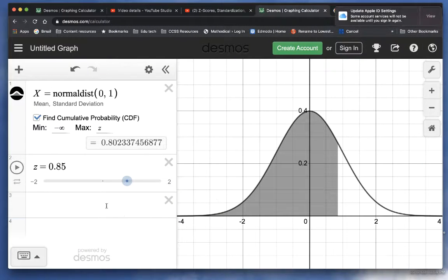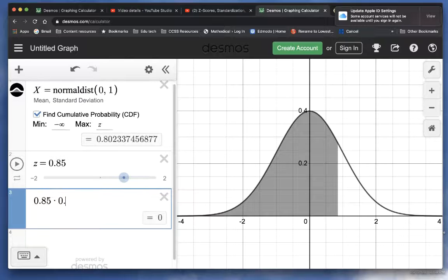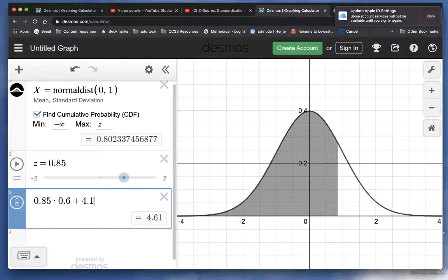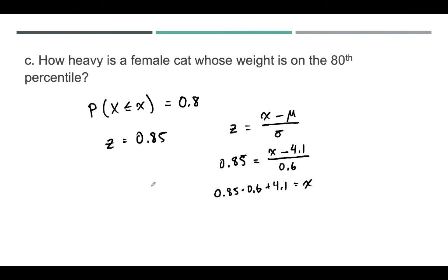One neat thing, you can just do this in Desmos, so we don't need to open up another calculator. Plus 4.1. Okay, there we go, 4.61. So the answer will be 4.61 kilograms.